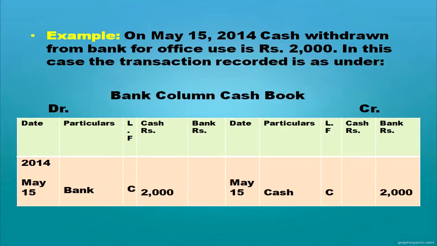On the credit side, By Cash, the amount will be written in the bank column. And on the debit side, To Bank, the amount will be written in the cash column. On both sides in the ledger folio column, we will write C, representing the contra entries.